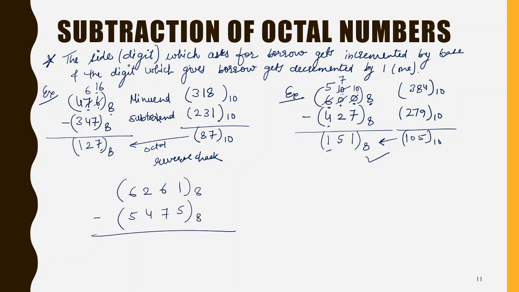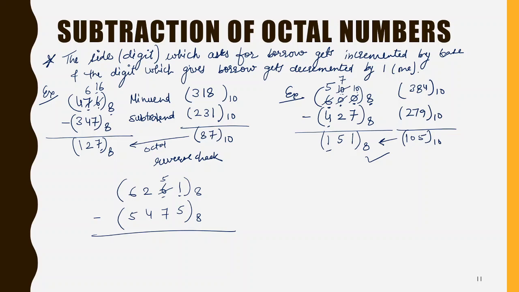Fine. So 1 minus 5 is not feasible, so it will ask for a borrow from its left side. It has a sufficient amount, so it will give the borrow and reduce itself by 1, so it will become 5, and the borrow is transferred to the right side.